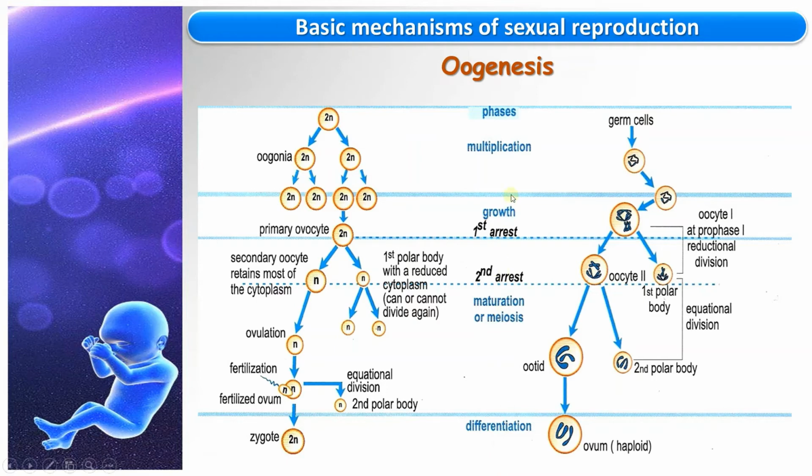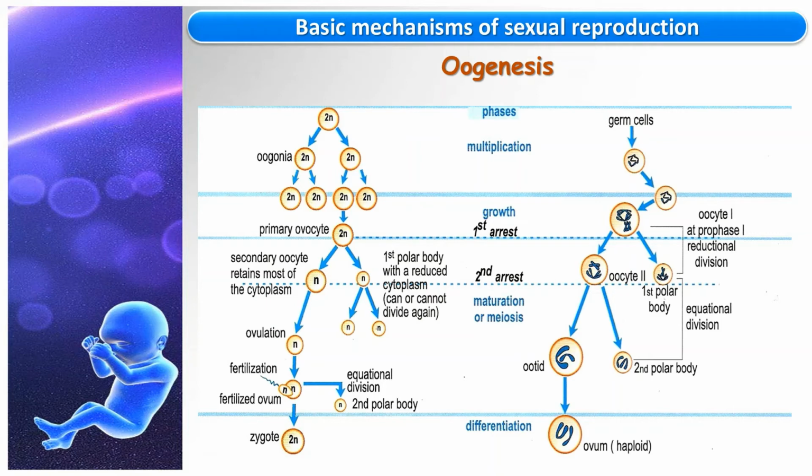First, what happens during multiplication? The mother cell of the oocyte is called oogonium. Oogonia is the plural of oogonium. One cell is called oogonium. So, oogonia undergo successive mitosis to increase the number of oogonia.